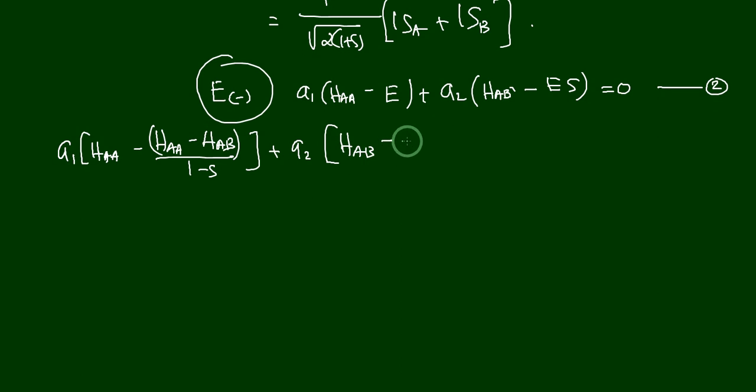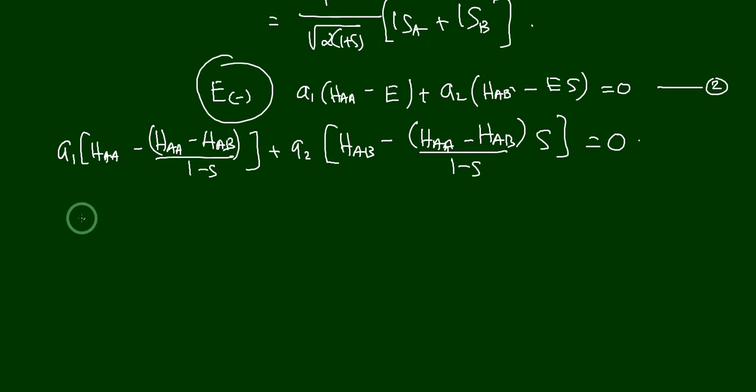That is, E in this case is E minus, that is HAA minus HAB divided by 1 minus S into S, that is equal to 0.